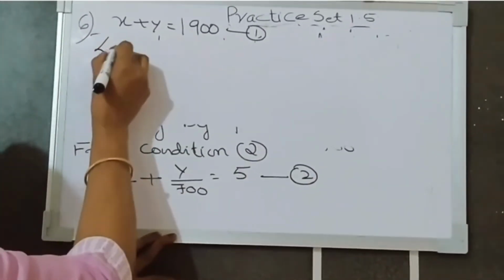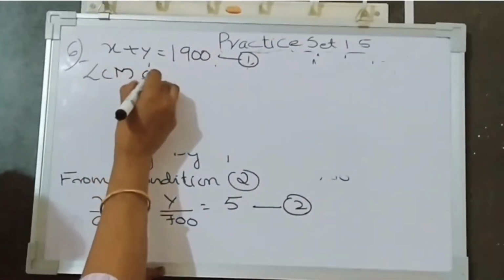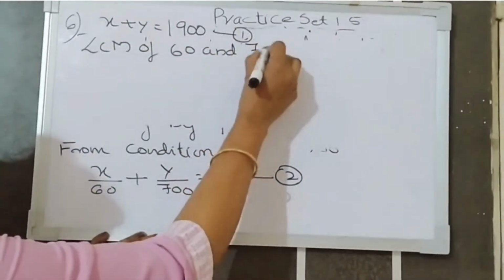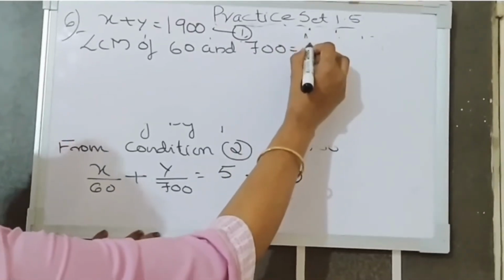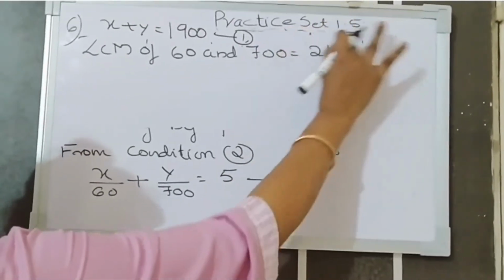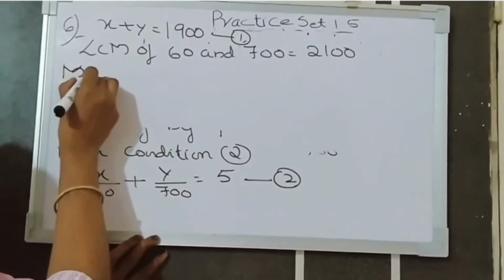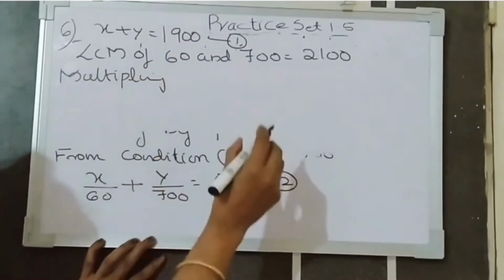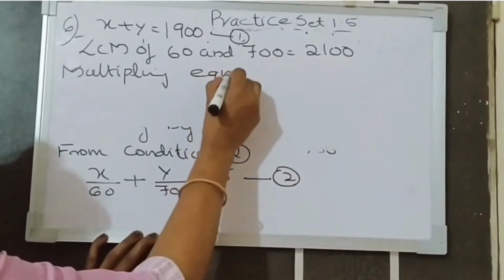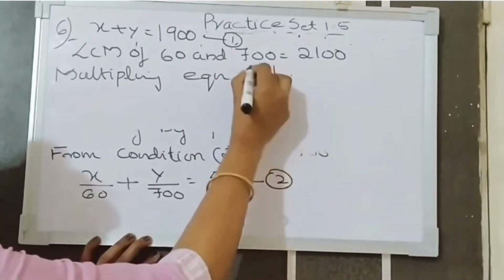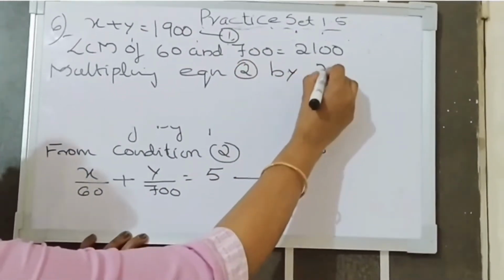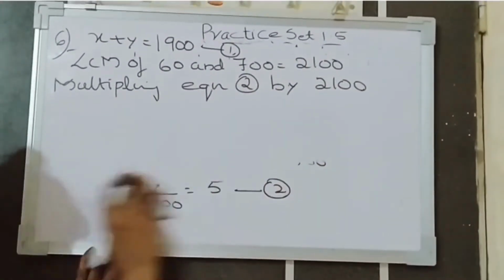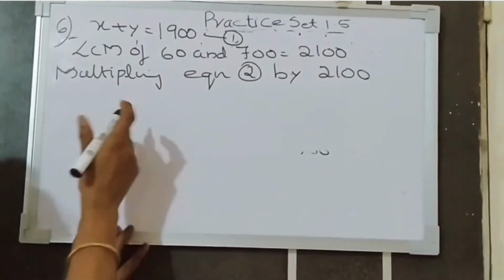LCM of 60 and 700 is equal to 2100. Then multiply equation 2 by 2100.